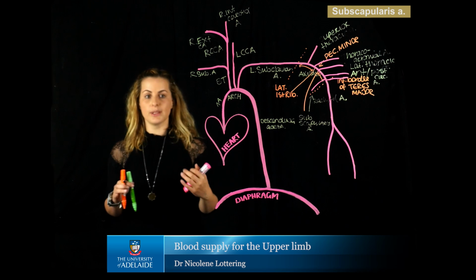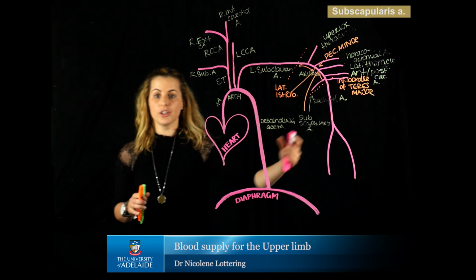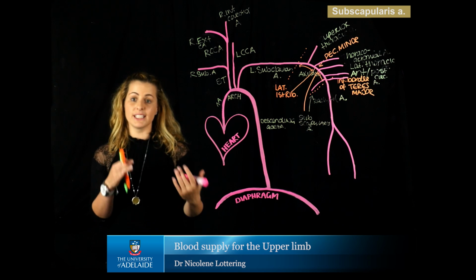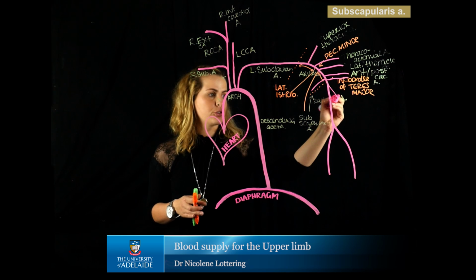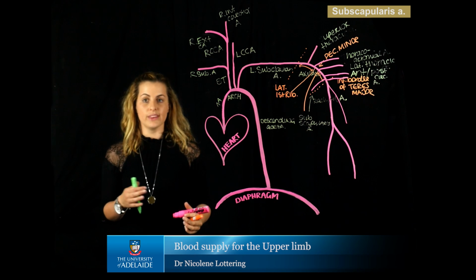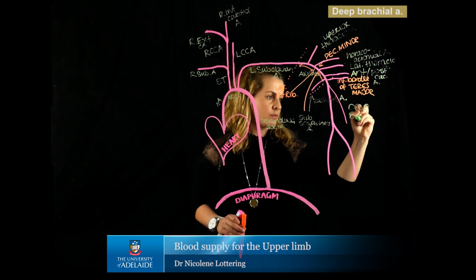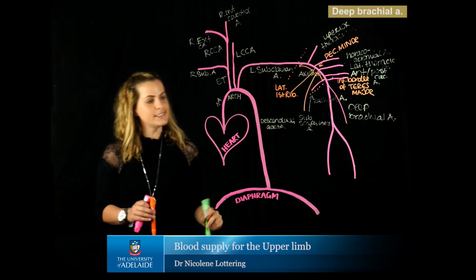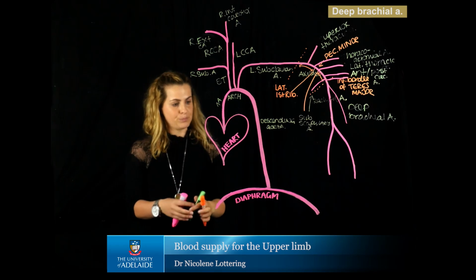So if we continue with the blood supply running down the arm, we have the brachial artery, which is obviously running in the brachial region, but this is an anterior muscle, which means that we have a collateral branch, which is going to be our profunda brachii, or the deep brachial artery. So this is actually going to be supplying the posterior aspects of the arm.